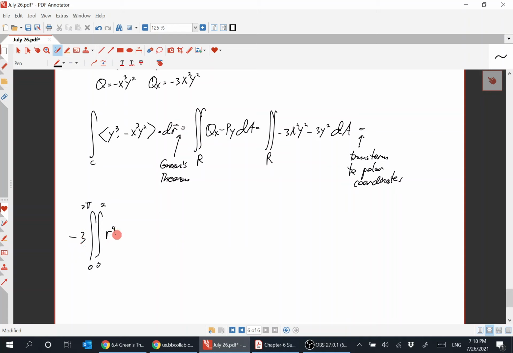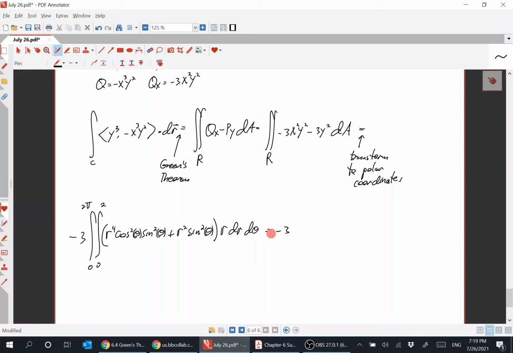So r to the fourth cosine squared theta sine squared theta, plus r squared sine squared theta, times r. Remember when you transform to polar, we have this correction factor of r.